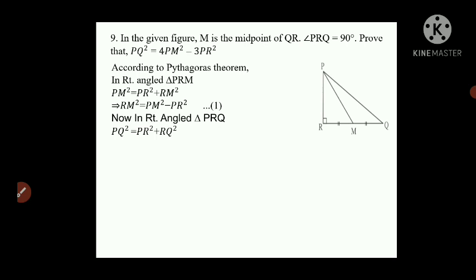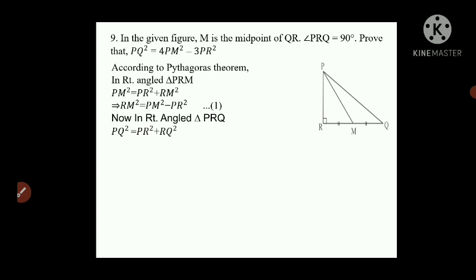Now see, one more triangle is the right angle triangle, the bigger one, PRQ. So I will take triangle PRQ. PQ square is equal to PR square plus RQ square. This is the second right angle triangle. So see now students, PQ is the hypotenuse, equal to PR is side 1 and side 2 is RQ.